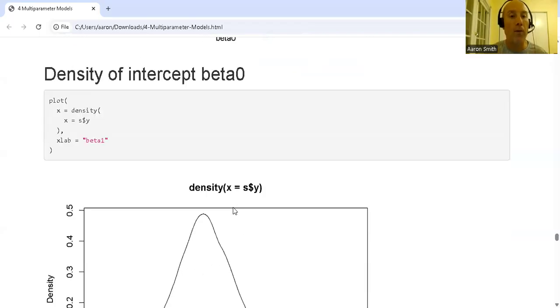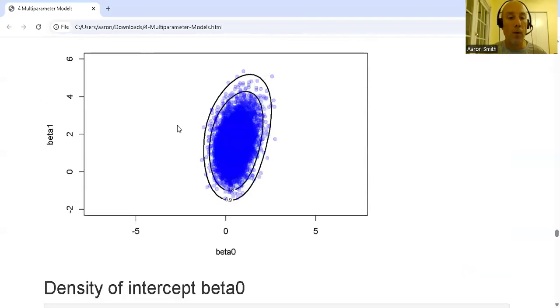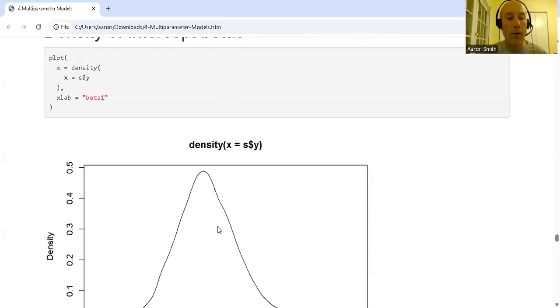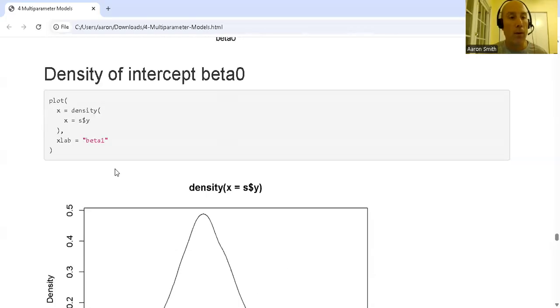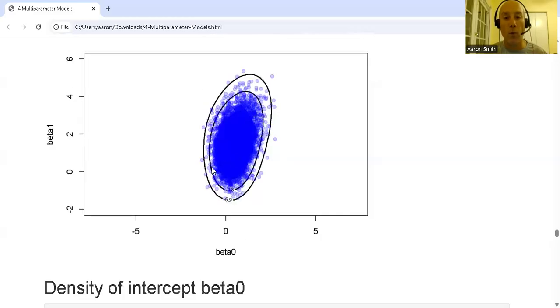All right, so now let's look at the density of the intercept on its own. What I'm doing here is taking my results, but only considering the x-axis. And so these are the actual generated points. This corresponds to the density of the blue dots.